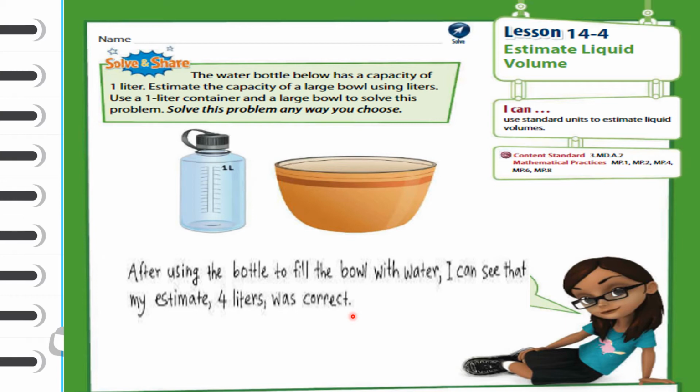You have to do the same to answer the question, and your answer can vary from mine. Maybe your estimate will be correct or not, or maybe your bowl can hold 4 liters or less or more. So your answer will be different from mine, and that's absolutely okay.